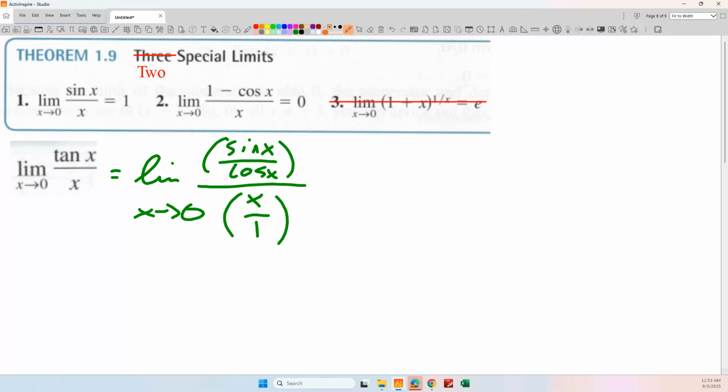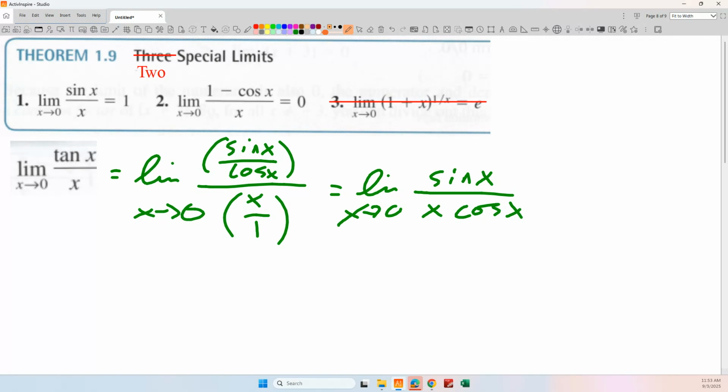So this is equal to the limit of sine x over x cosine x as x approaches 0, right? And by the way, we could have gotten here maybe more easily. If we just changed the tangent into sine over cosine, I'm just multiplying that by 1 over x, right? Because the x is in the bottom. We could have just gone straight to that step.